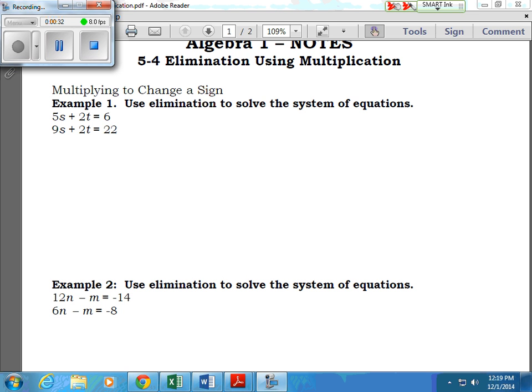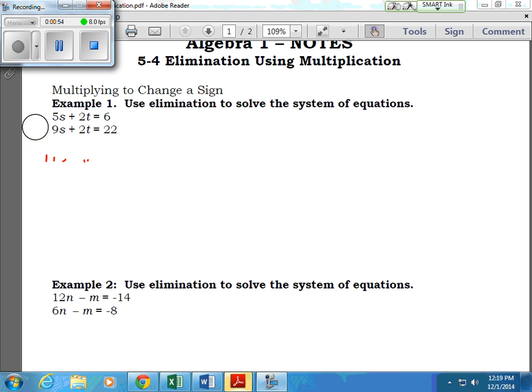If we tried to add the two equations together as they are currently, we wouldn't get either the s's or the t's to zero out. We would just get 14s plus 4t, and that does us no good.